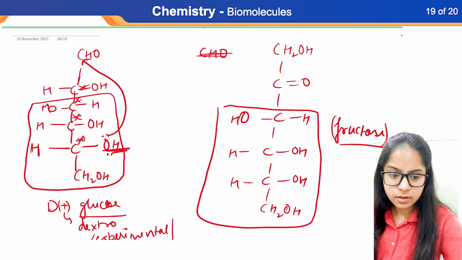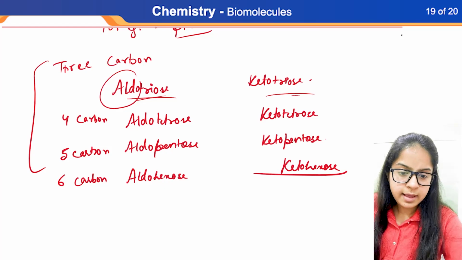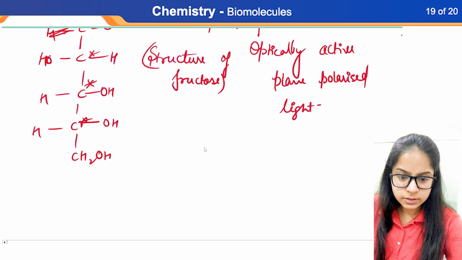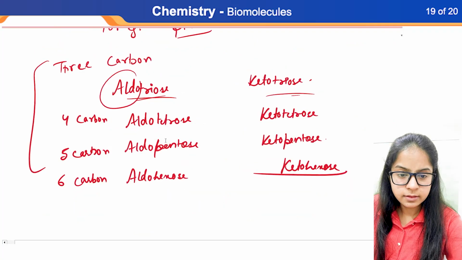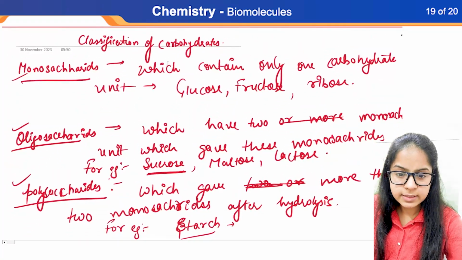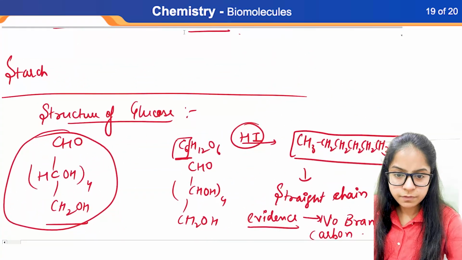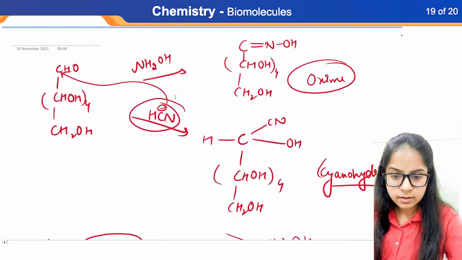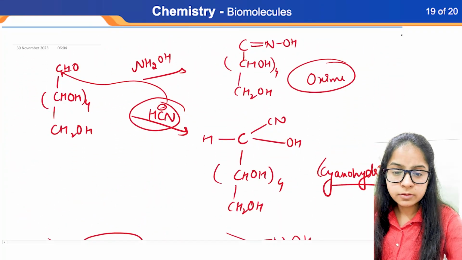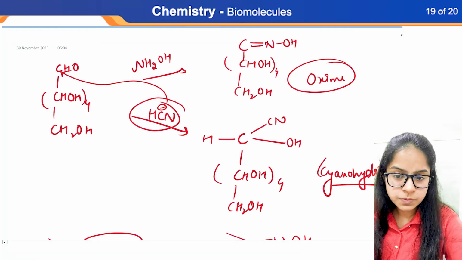Now the next one is almost covered, aldose, you can see all the structures here. Carbohydrates, then the second one is the classification, then the third one is the preparation we have discussed, the fourth one is how to get the evidence that whether the CHO and CHOH groups are present.